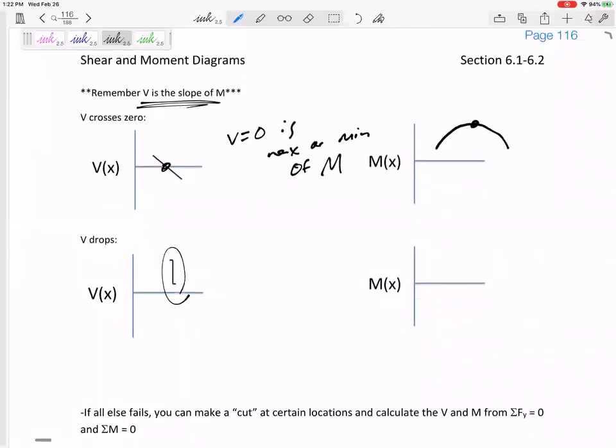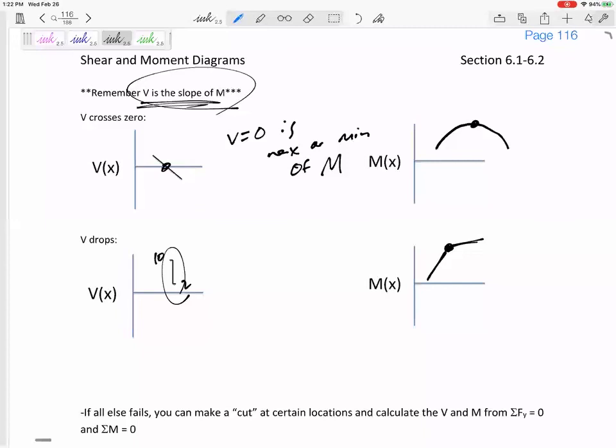All right, when V drops immediately, M does not drop immediately because there's no area under that portion of the line. When V drops immediately, V is the slope of M. It's almost like, so let's say this goes from 10 to 2. I was at a slope of 10. Now I'm at a slope of 2.